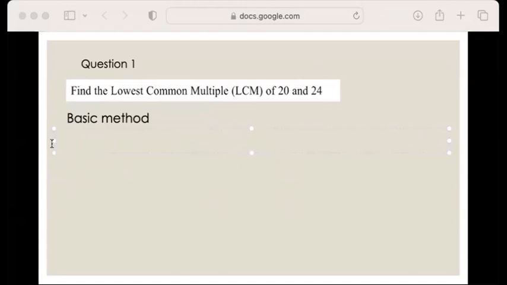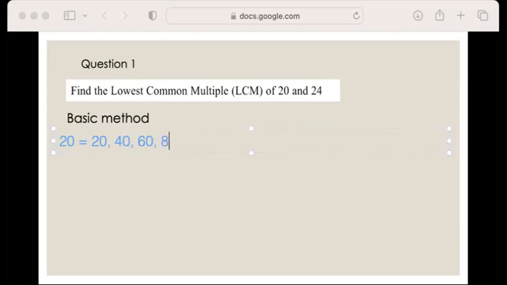Okay, what are the multiples of 20? 20 times 1 is 20, 20 times 2 is 40, 20 times 3 is 60, and so on.